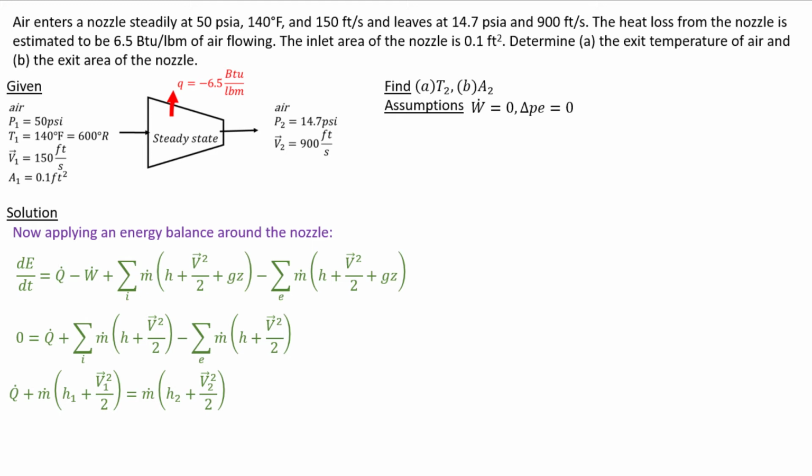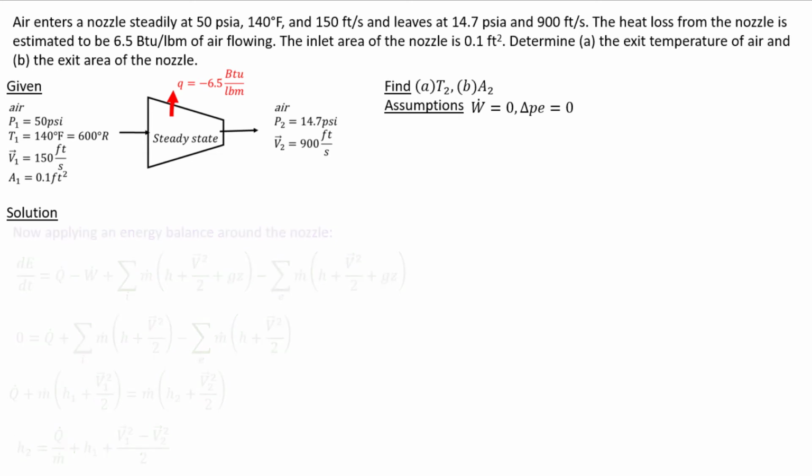And if I divide through by that mass flow rate and then solve for h2, I can get things in terms of little q, because little q is equal to q dot divided by m dot. So where I'm going here is if I solve for h2, I can go back to my ideal air tables and interpolate for the corresponding temperature at that h2 value that I solve for.